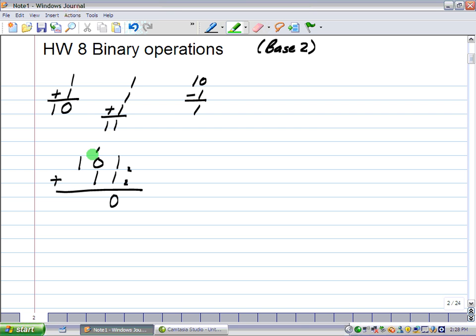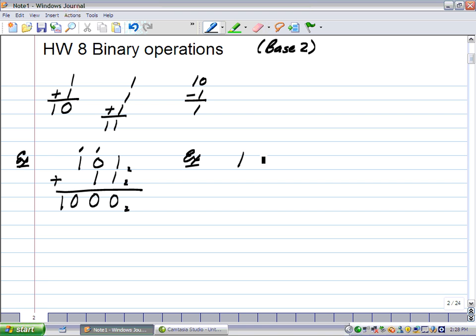Now we have 1 plus 0, which is 1, plus 1, which is 1, 0. So we'll put the 0 and we'll carry 1. 1 plus 1 is 1, 0. So we've added and we've gotten another binary number. Because we've got to remember 1 plus 1 is 1, 0, so we've got to put the 0 and carry.